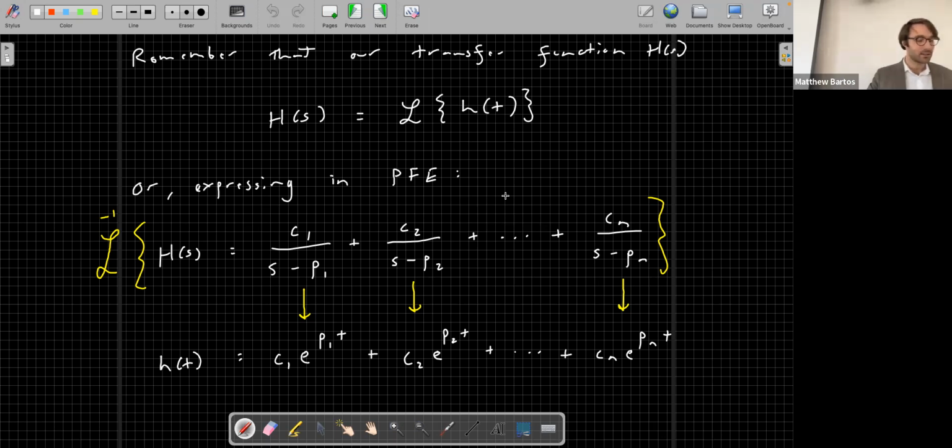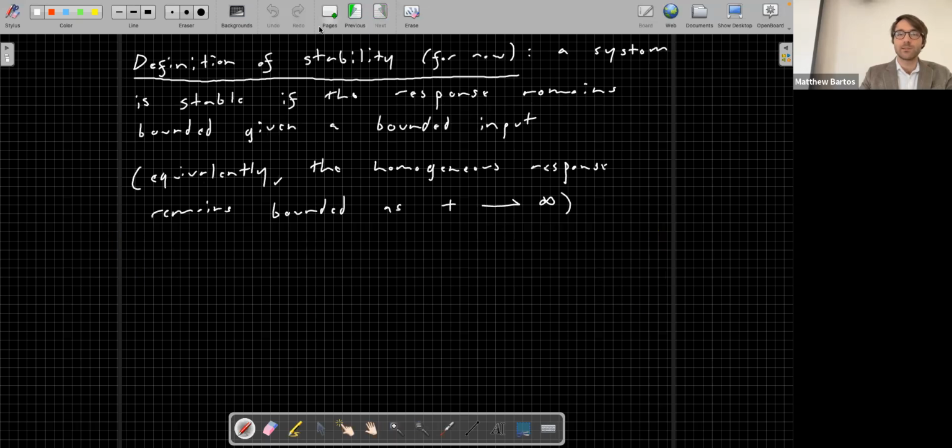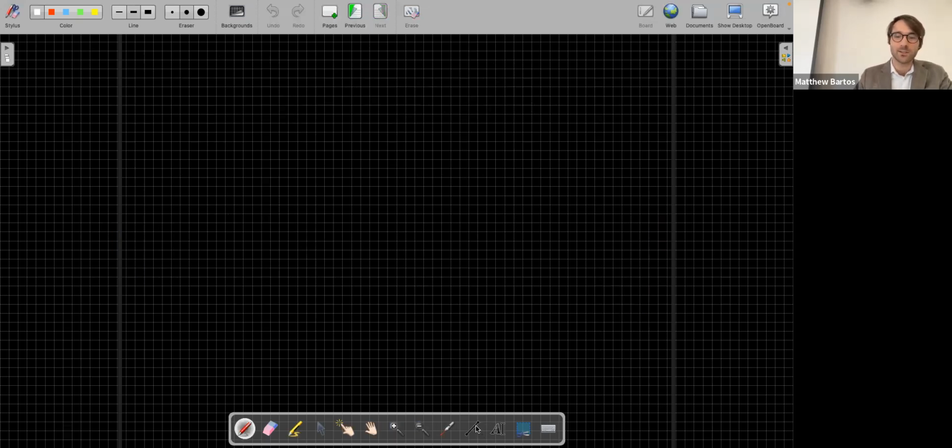We're going to go through different examples of poles, look at the response, and characterize whether the system is stable or not. So let's go through poles, their locations in the complex plane, and whether or not that leads to a stable output.